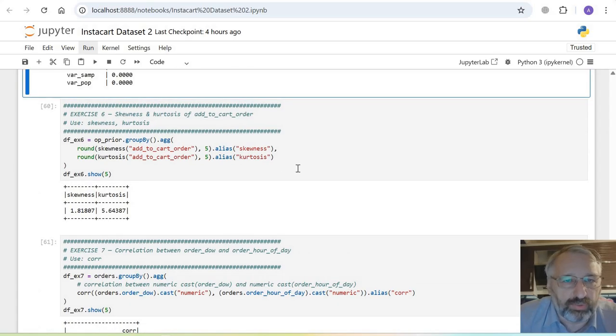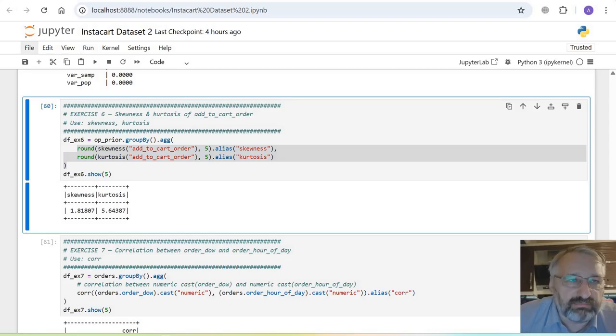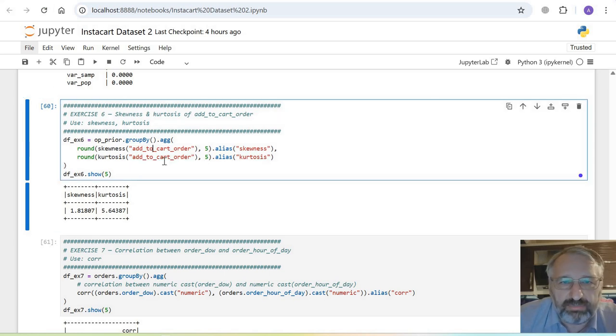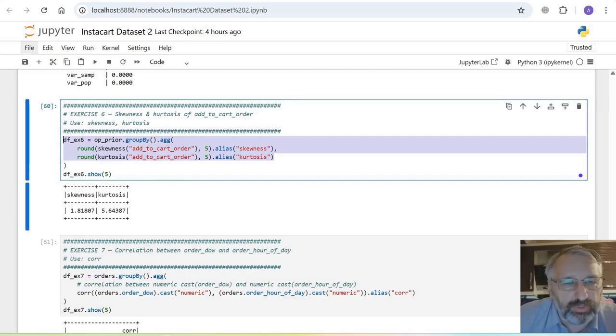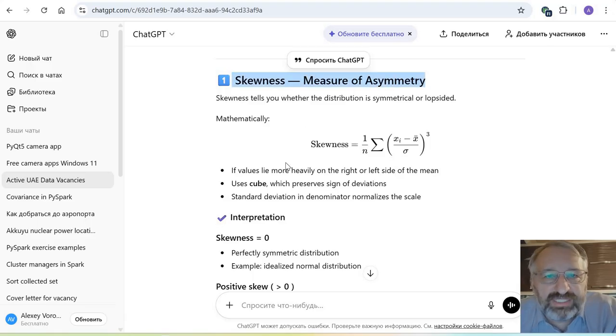Skewness and kurtosis. Again, two functions, pretty well-known statistical functions. We can check out help on them, but here we simply run them on some field. This is the explanation of this function. Skewness, measure of asymmetry.